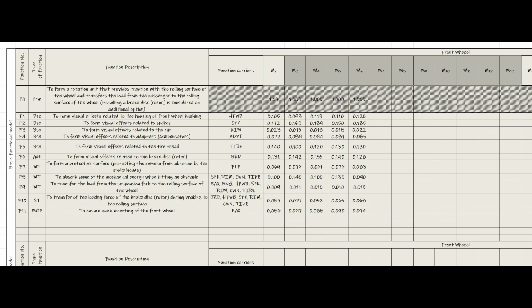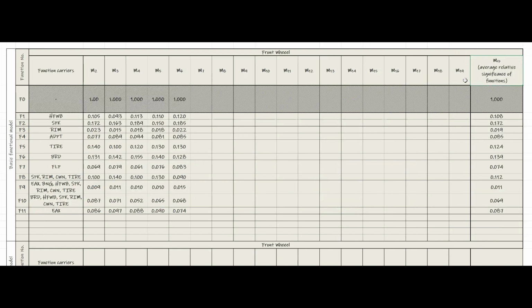Fourth, to the formed list of functions or functional metrics, the methods of determining significance are applied alternately, and the cells corresponding to the functions of the columns from M2 to M18 of the functional model are filled in. In the column M average, the average relative significance of functions for values from the columns M2 till M18 is automatically calculated.